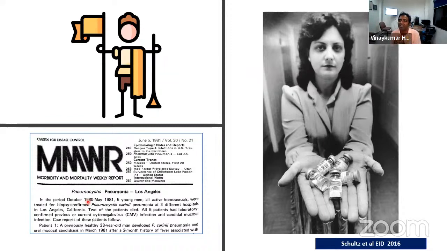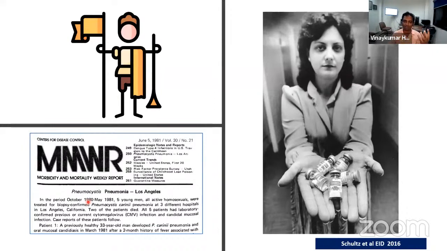Great woman and a great contributor to microbiology, despite her not being a microbiologist, not being an ID physician, and nowhere related to medicine. Okay, so this is her story.